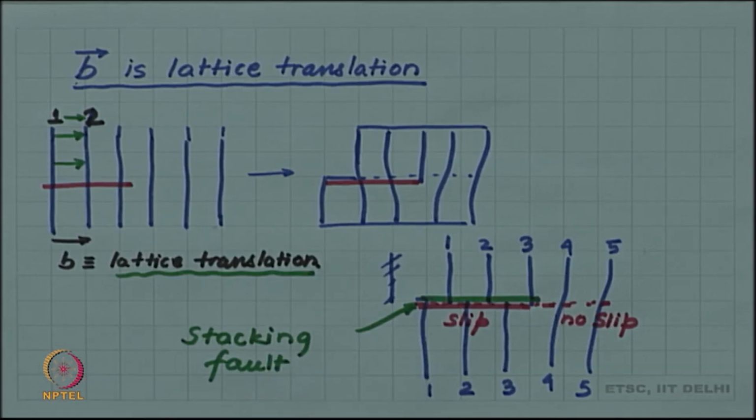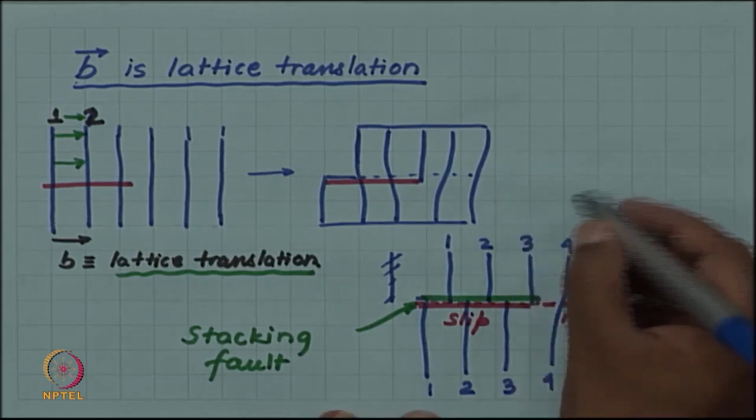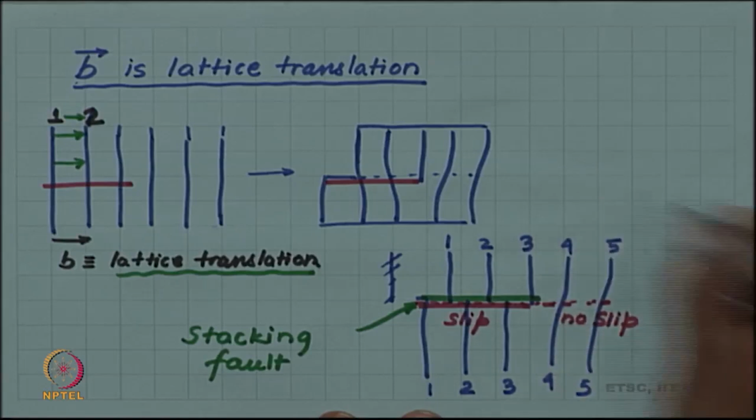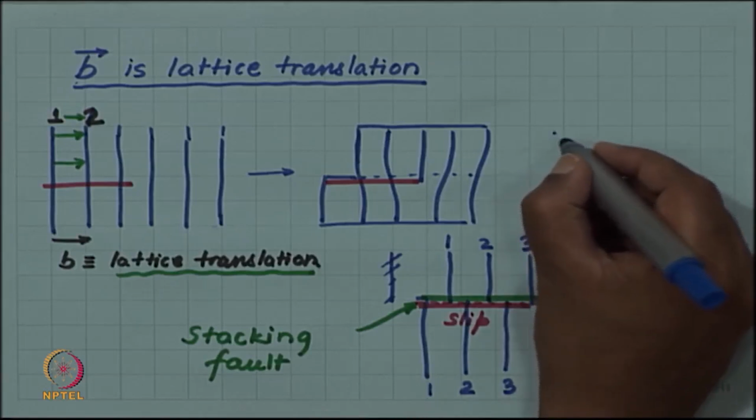So, fractional lattice translations will generate a stacking fault.